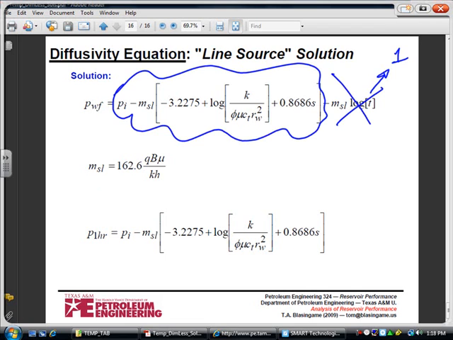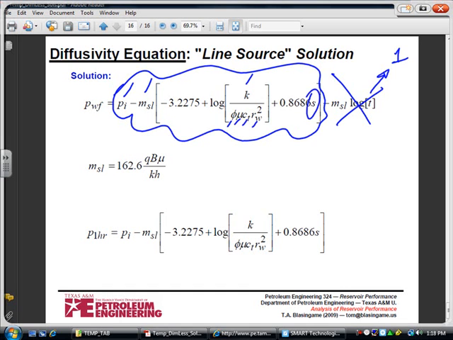And what is this term? This is the intercept of the straight line, right? So you are looking at the intercept and tell me what you can find from the intercept. No, we already found k from the slope. No, we already know it. We know the initial pressure. We already know this.